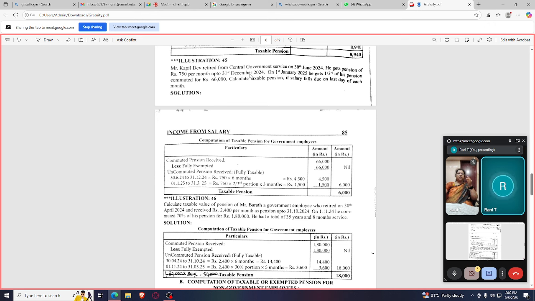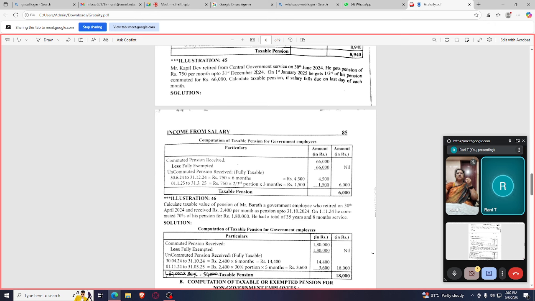Our accounting year is from April to March. But once again I will read, it is 31st December. He retired only on 30th June. So, from 30th June to 31st December, he is receiving 750 rupees.